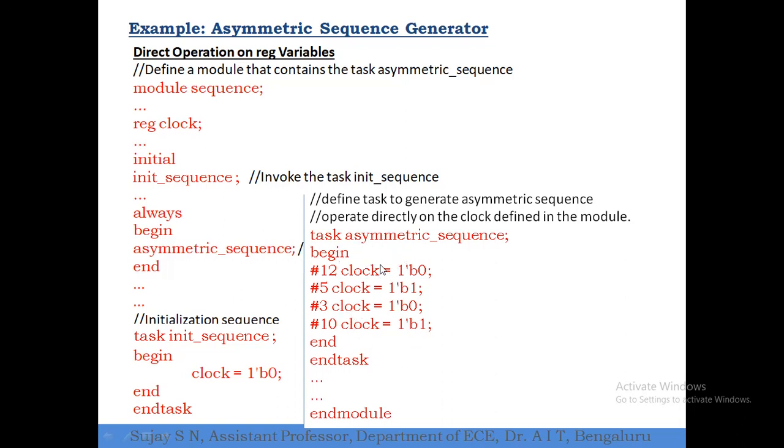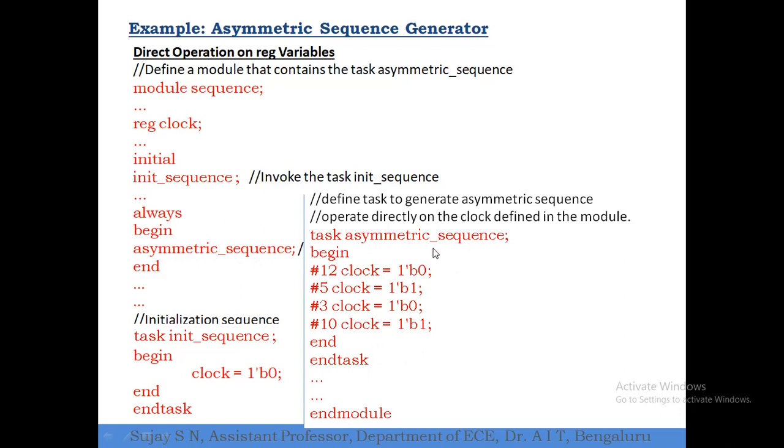So this task is continuously executing, but we need to initialize the clock before using this always block. That is why we have the initial block, which invokes this particular task. Here we have two tasks. The first task initializes the clock to 0, that is in this line, and in the next line we have the asymmetric sequence task.